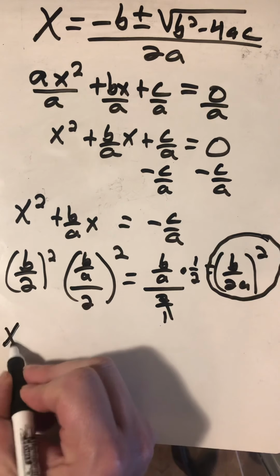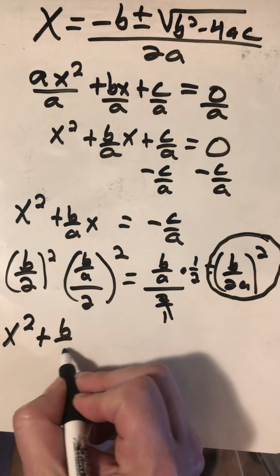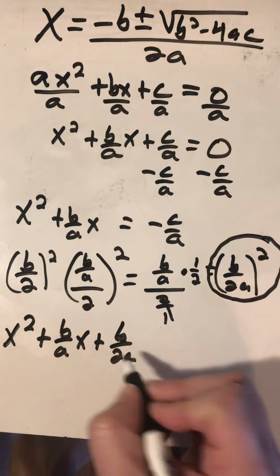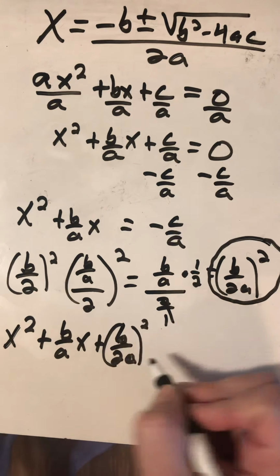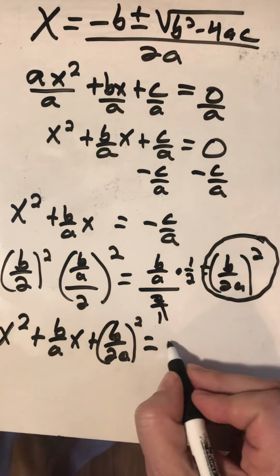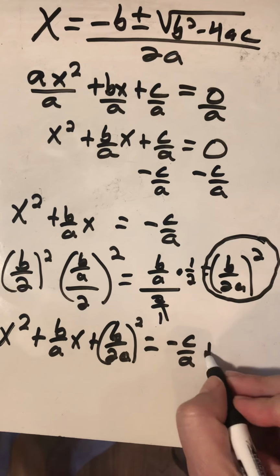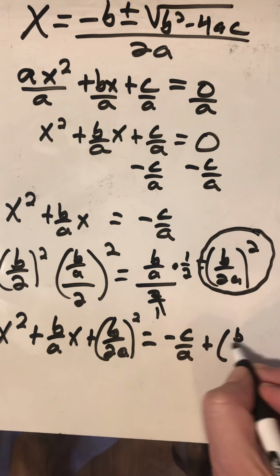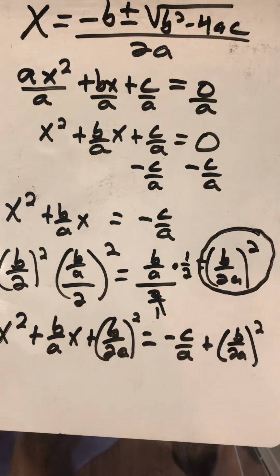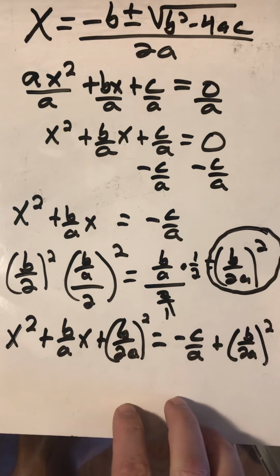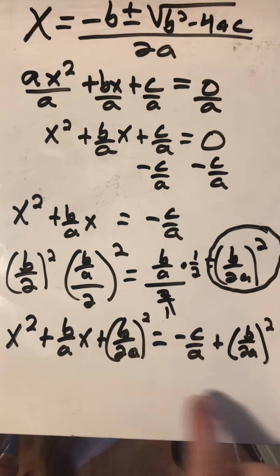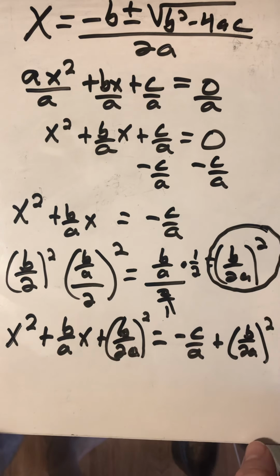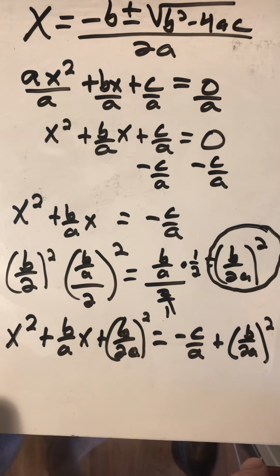So we're going to have x squared plus b over a x plus b over 2a squared equals negative c over a plus that same term again, b over 2a squared. All right, guys? So that's where we are so far. We've added the term that completes the square to both sides, okay? We're going to continue this on the next slide.